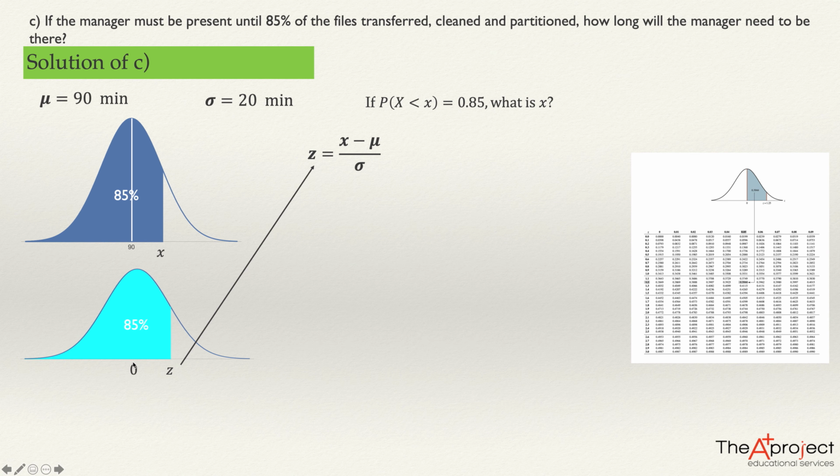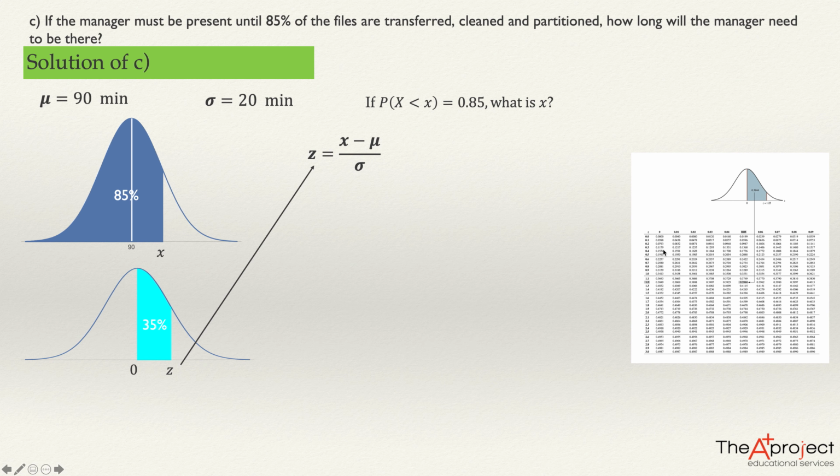I will be thinking in just this part, this 35%, instead of the whole 85%. Remember, 0.5 plus 0.35 gives me the 85%. But I'm going to get rid of this 0.5 and think in this 35%, because my table has just the areas between z and 0.